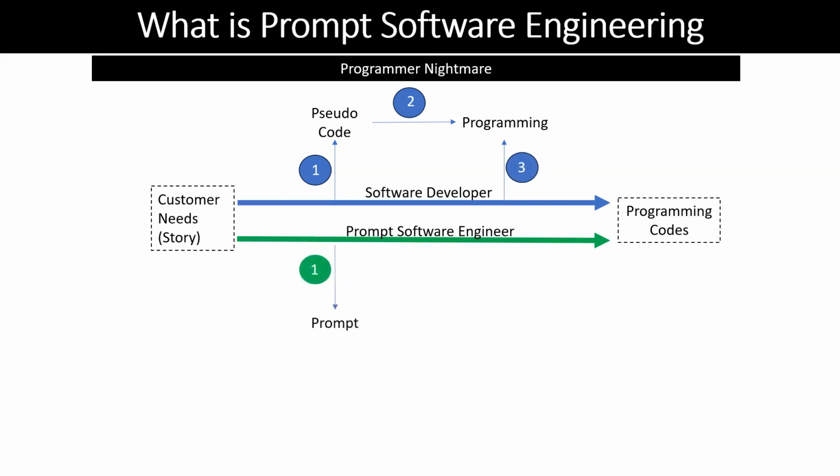On the other hand, a prompt software engineer only thinks about writing the prompt, which according to the definition is human language, and he sends this prompt to the AI. And the AI will be the one to do step 2 and step 3, that is writing and coding it. All that is left for the prompt engineer to do is to supervise. This workflow is much easier and faster.